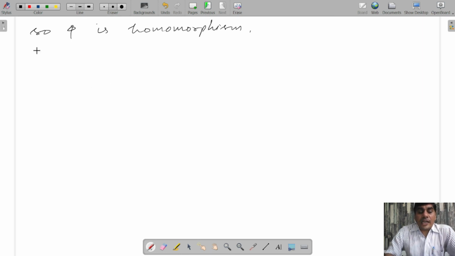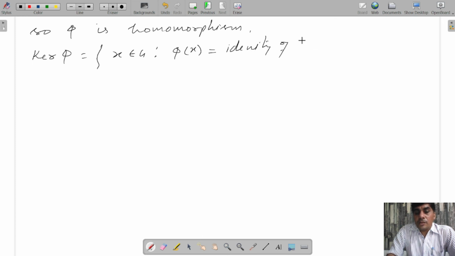Find the kernel of phi. Kernel of phi is equal to x belongs to G such that phi of x is equal to identity of Z by Z2.